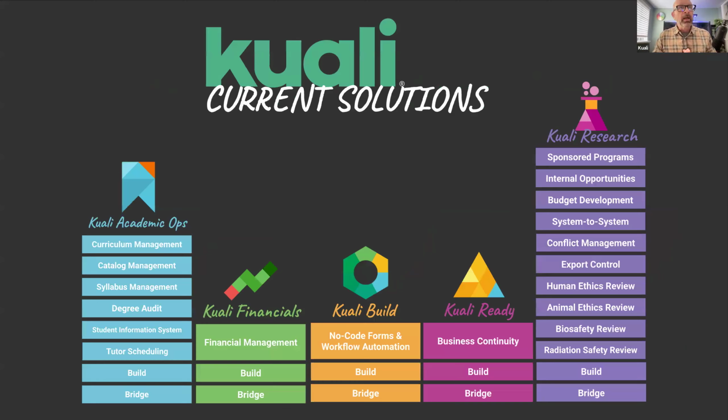Before we dive in, I have to share just a quick look at some of the Kuali solutions. Kuali builds administrative solutions for higher education. We have a complete suite of tools under our academic ops suite, which include a student information system, of course, curriculum catalog, syllabus. We have a scheduling tool for tutors, a lot of great tools for the registrar's office. There's financial management software.